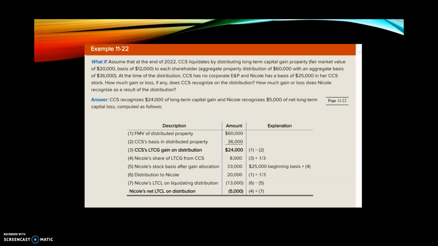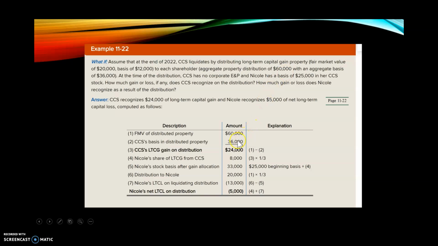Therefore, I have an example here from the book that I think does a really great job of showing how both the corporation and shareholder get their distribution gain or loss. As you see in the example, the company's gain or loss comes from taking the aggregate property distribution, so $60,000, as you see right here, it mentions it in the summary above, less the aggregate basis.